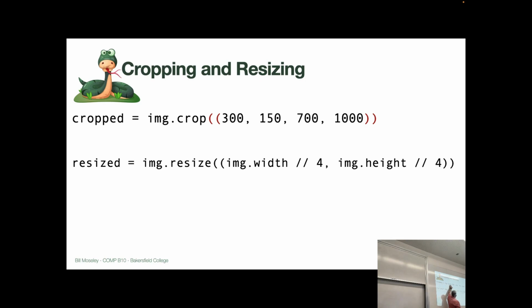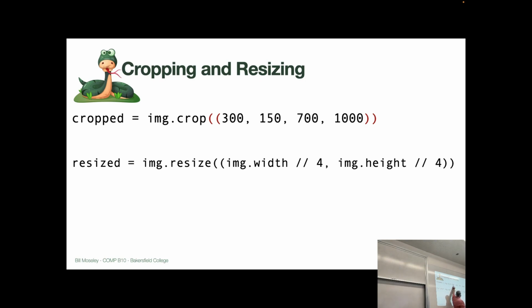So if I do image.crop, notice this. It takes a 4-element tuple as an argument. You can see the outer parentheses are for the function, and the inner parentheses are because we're giving it one argument that's a tuple with 4 elements in it.